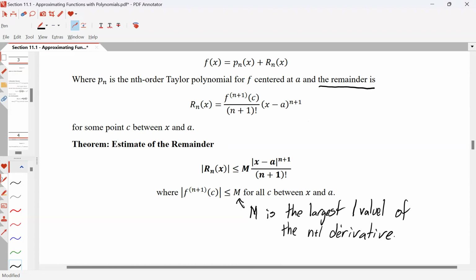Most of the time we'll have an increasing or decreasing function, so we can find that largest value easily. But we'll find the largest value of the n+1 derivative, and that we will take to be M, because we know there's some value that gives us this remainder. If we find the largest that value could possibly be, we can estimate the remainder.